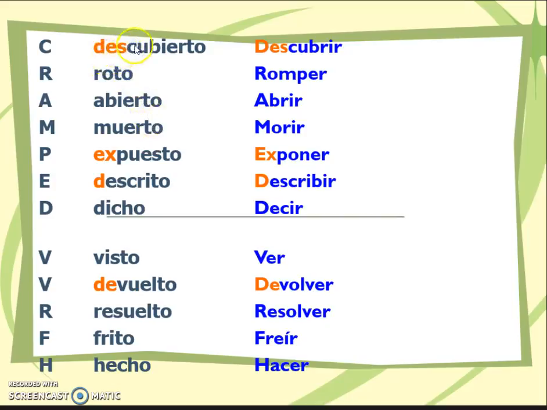I did it the right way, but then I also went back and highlighted and added the prefixes, because don't forget, descubrir is just the verb cubrir with the prefix des. So I would take the participle, which is cubierto, and add the same des, and then I've done the right thing there. Hopefully you can see the pattern though. So poner becomes puesto, exponer becomes expuesto. Describir, descrito, instead of escribir, escrito.